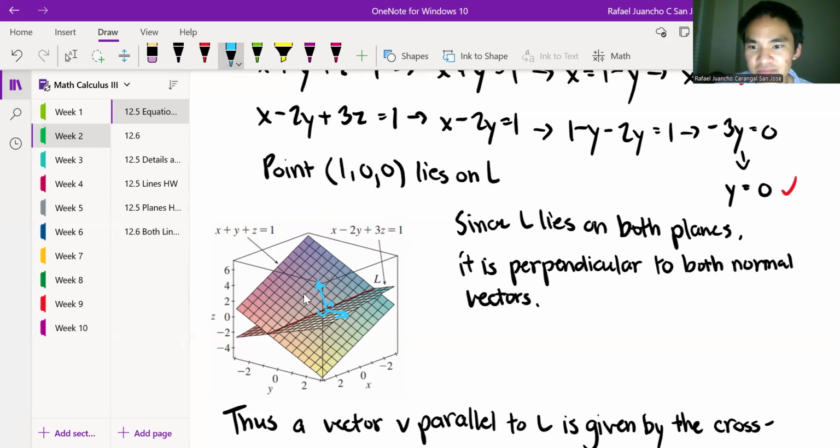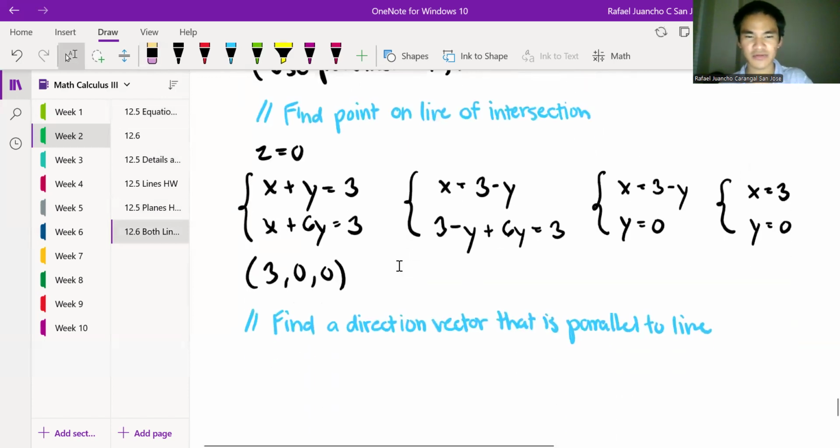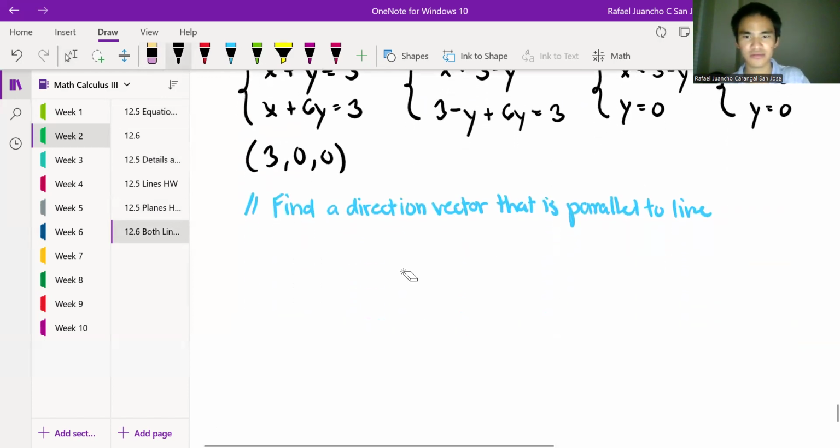So if we get the cross product of these two normal vectors, we will get the direction vector for line L. So that's what we're doing, basically. I think that's how it goes.